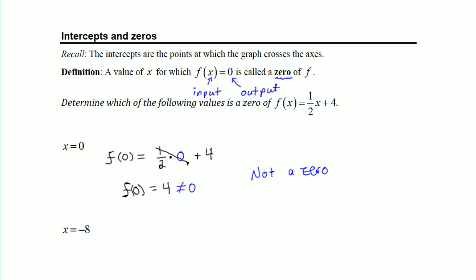Going on now to x equals -8, we're going to check this by taking f of -8, which gives us 1/2 times -8, which I'll write as -8 over 1, plus 4.